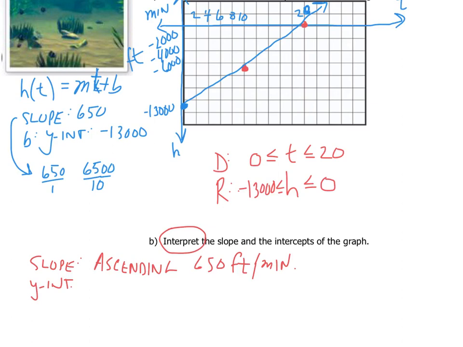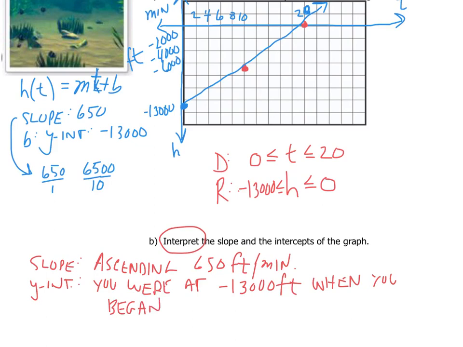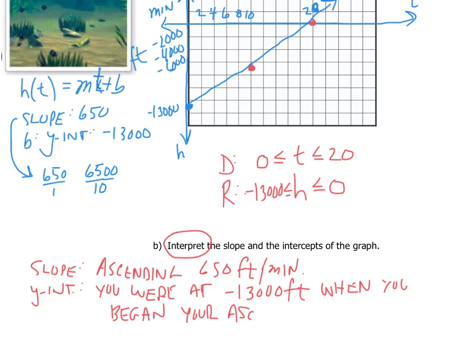So what you would maybe write for this one is you were at negative 13,000 feet when you began your ascent. So it's basically telling us that we started this ascent at negative 13,000 feet.